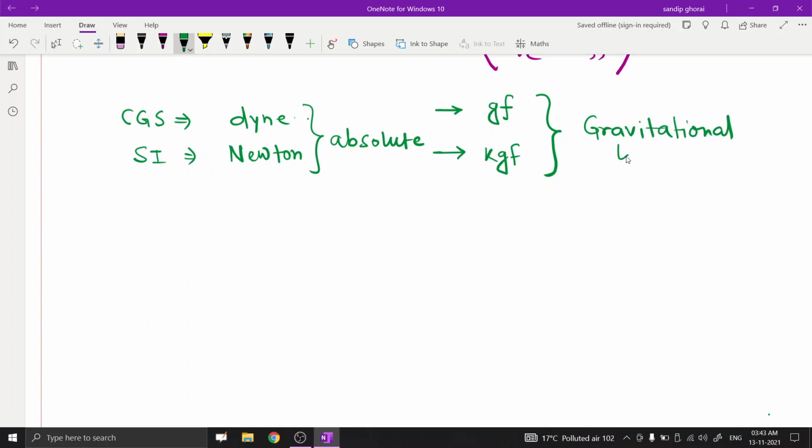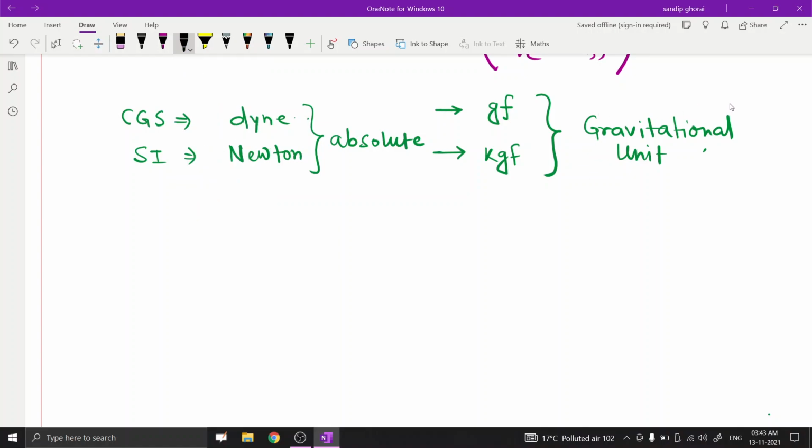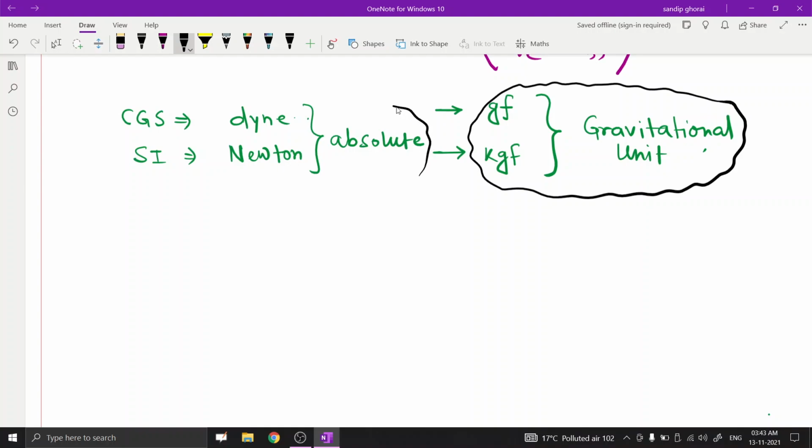Gravitational unit of force. Okay, so this is one part, the gravitational unit, and the other is the absolute unit of force.